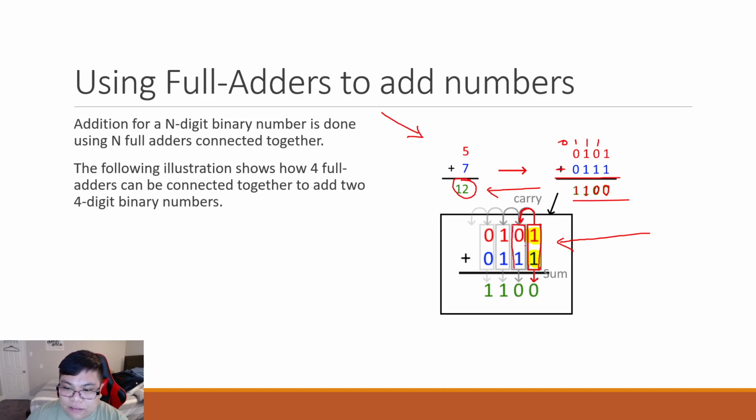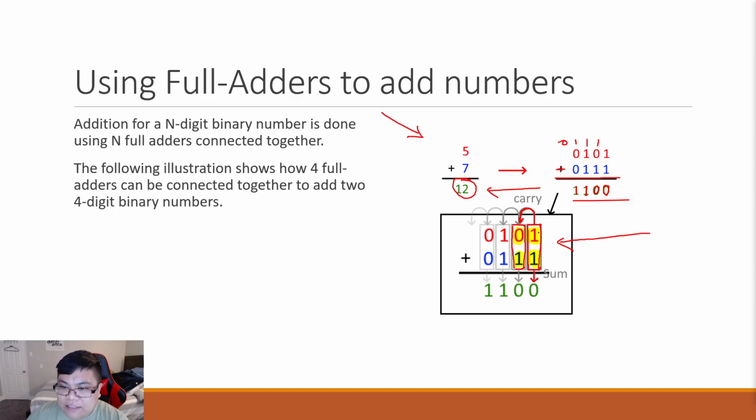So this next rectangle here also represents a full adder. It's the next full adder that comes after this one, right? It takes 3 inputs. The inputs are this number here, which is going to be our A, this number here, which is going to be our B, and also the carry in output from the previous adder, okay?